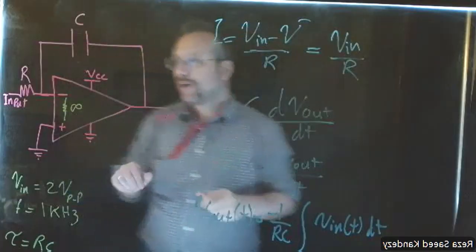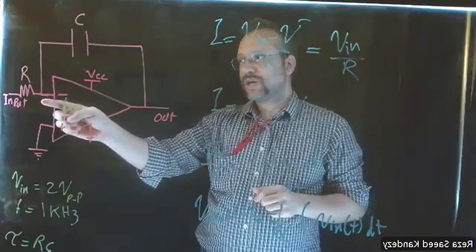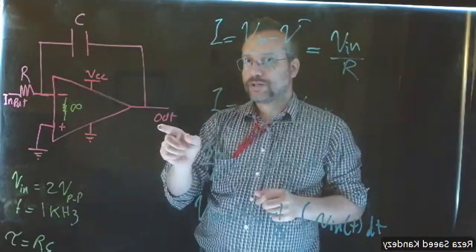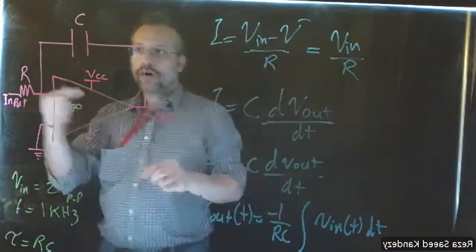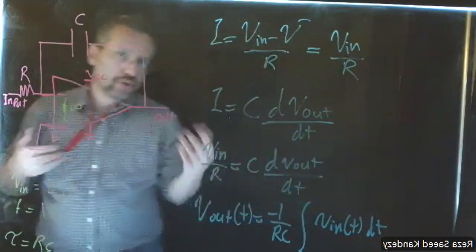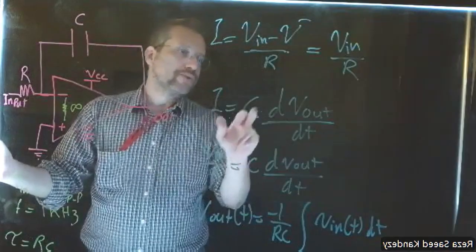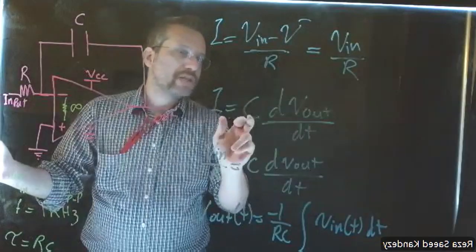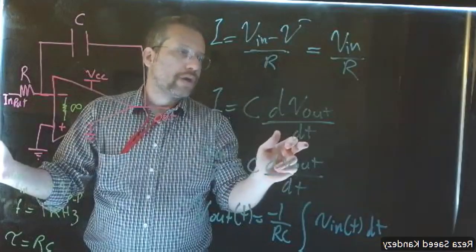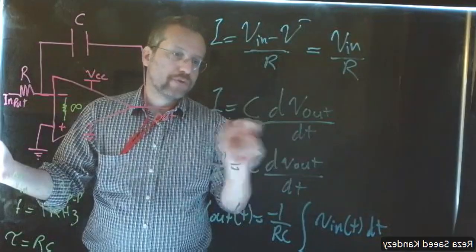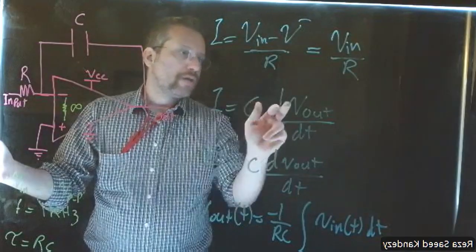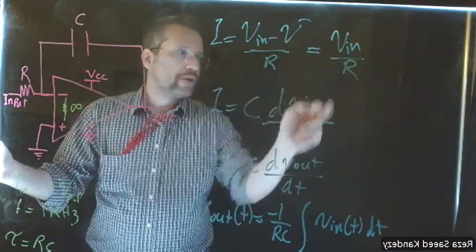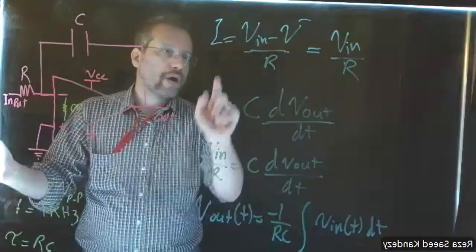Now, let's talk about the capacitance. Again, this is 0. So the voltage across the capacitor is equal to the output. Now the current passing through the capacitor, as you know, is equal to the capacitance times the differential of the voltage across the capacitor with respect to time. So I is equal to C dVout over dt. Now, these two equations are equal to each other because this is the same I. Why is it the same I?